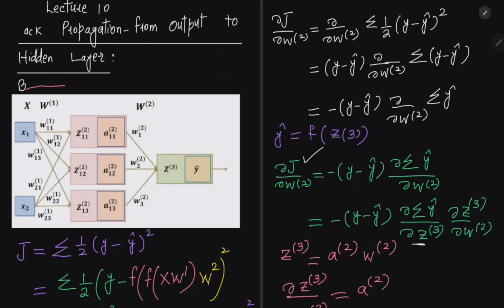And I will continue this procedure again. This is a bit easy since we already understood this concept from output to the hidden layer.